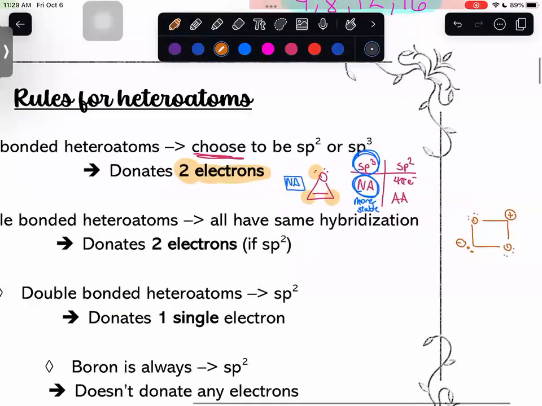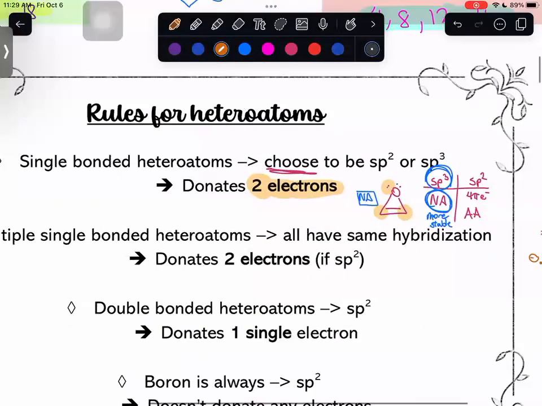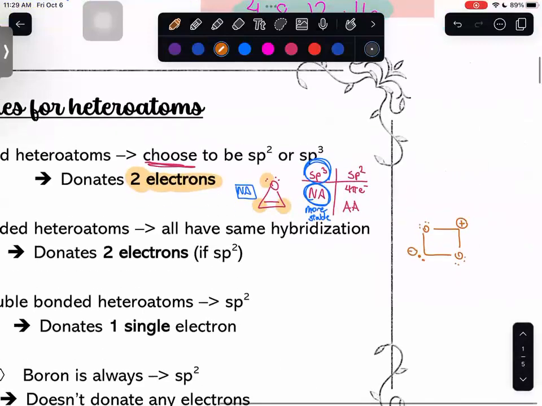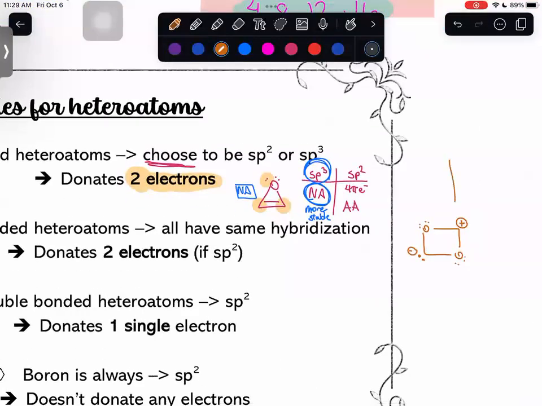Now, here's the thing. The second rule is basically applying the first rule, but the choice has to be equal for both heteroatoms. So both oxygens have to choose to be sp3, or both have to choose to be sp2. Now again, let's do that little chart. Let's see what happens if it's sp3, and let's see what happens if they're sp2.